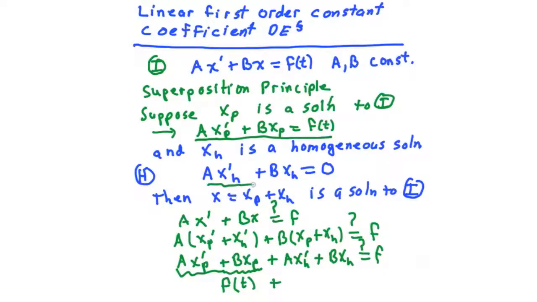Well, over here we made the assumption that that was a homogeneous solution, that is to say it was 0. So now I have that f equals f. So I've proved the superposition principle. Now we'll take this and we'll apply it to solving a specific case of a first-order linear constant coefficient DE.